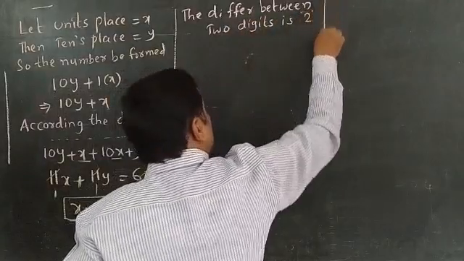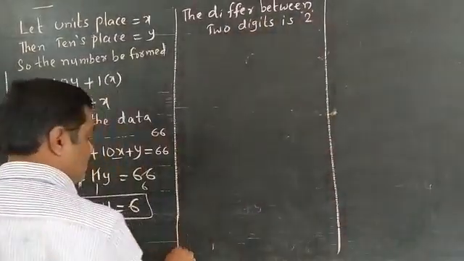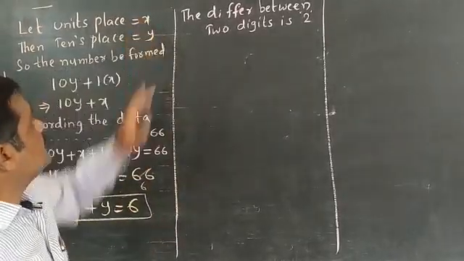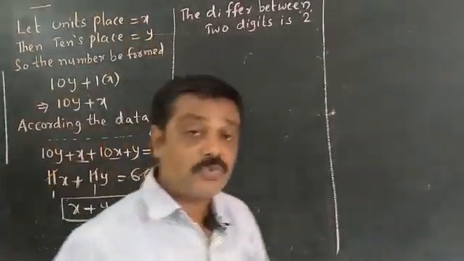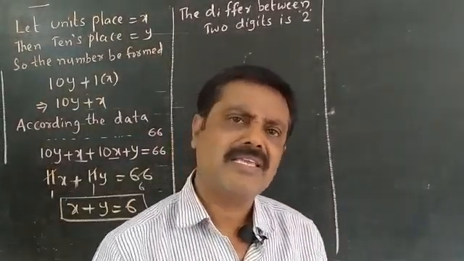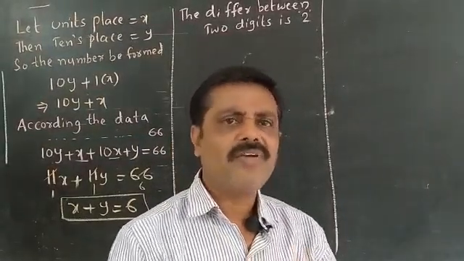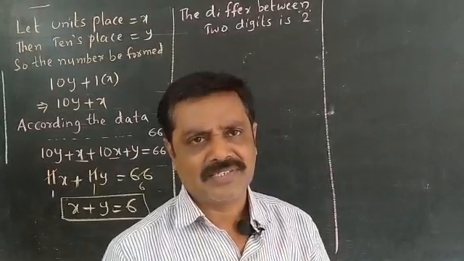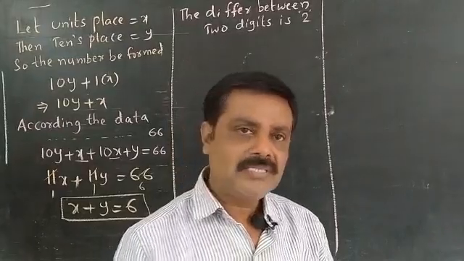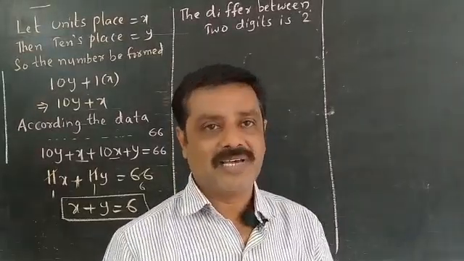The difference between x and y is 2. You may doubt whether it is x minus y is equal to 2 or y minus x is equal to 2. Which is correct? Both are correct, so we get two possibilities.